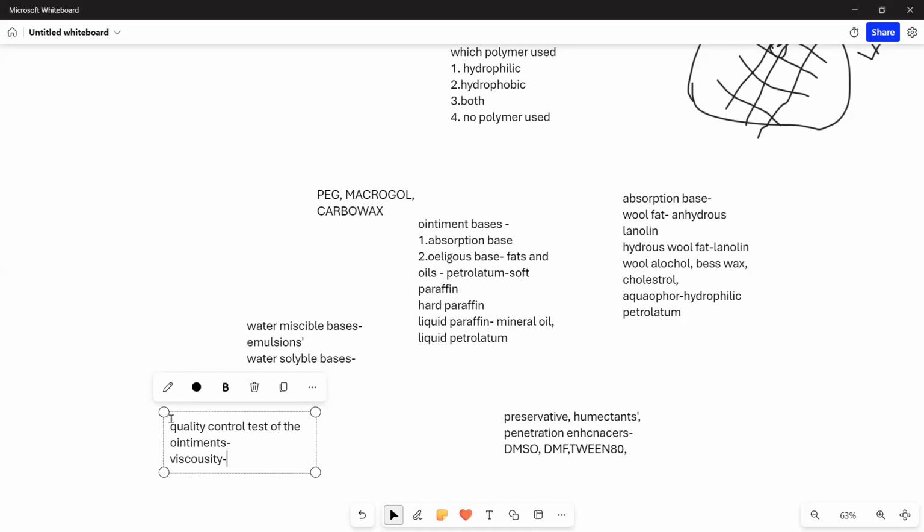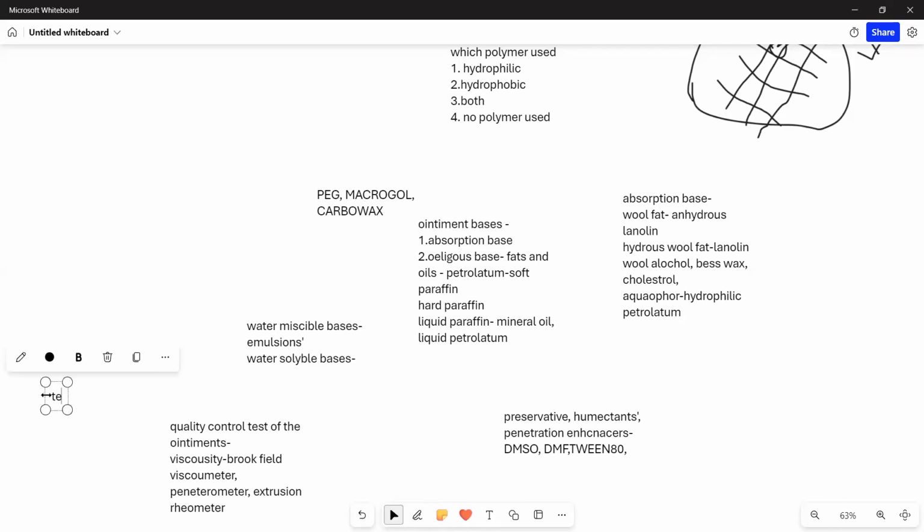The viscosity of ointments is determined by the Brookfield viscometer, the most widely used. Other equipment includes the penetrometer and the extrusion rheometer, etc.